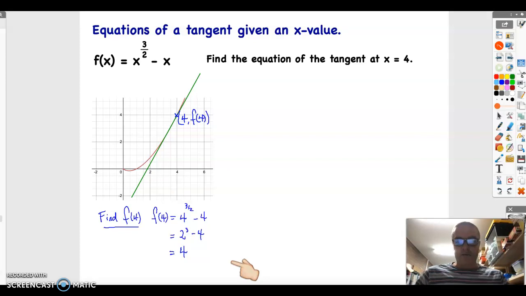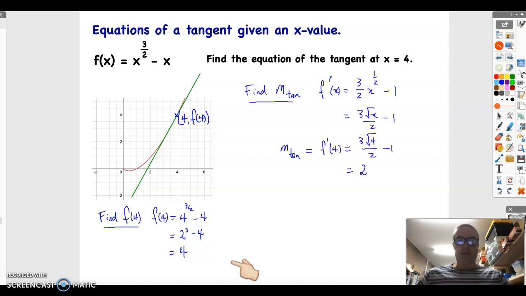So I'm going to start by finding f of 4. That's our y1. That's just a case of substituting 4 into the function. We arrive at a value of 4. So we can see here on the graph too that when x equals 4, y is also equal to 4. The next step is I've found the gradient of that tangent, that green line.